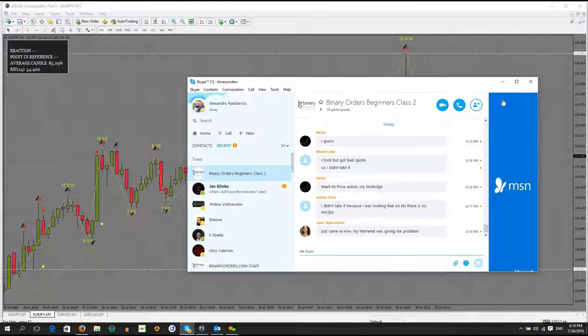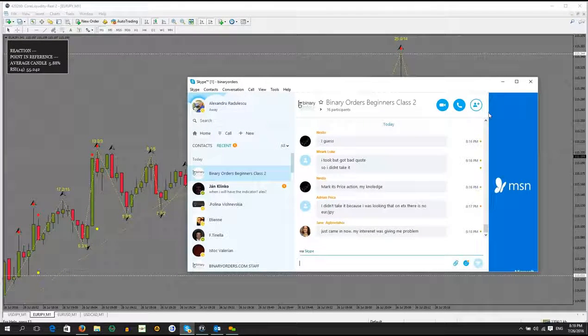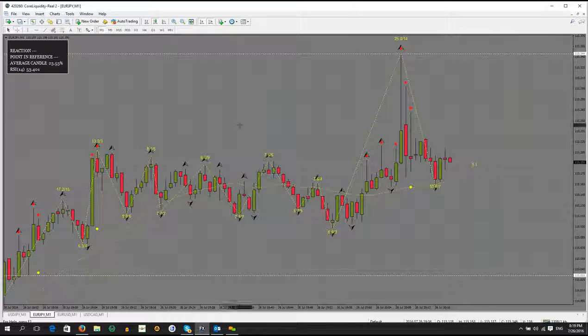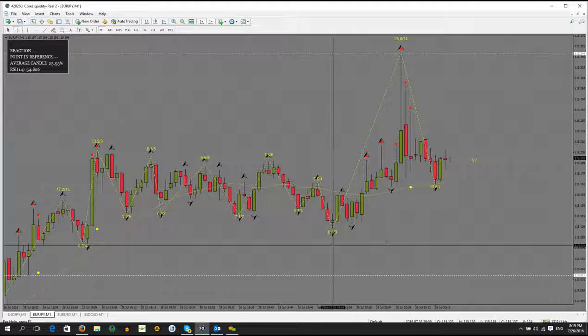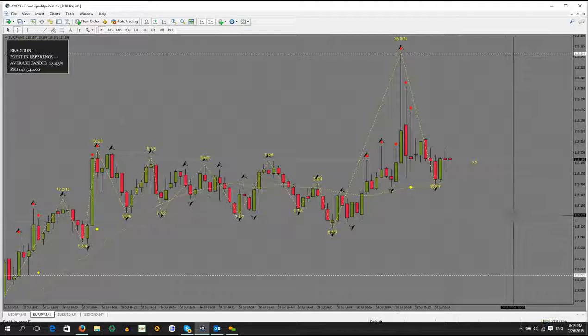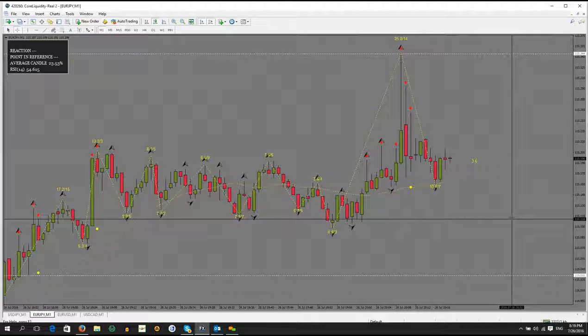Going back to the 1-minute chart, you will see some strange move here. No, it's not Euro Japanese yen, Adrian.